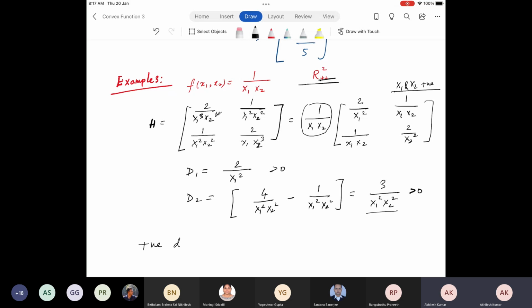What is it? Convex, strictly concave, convex, concave, strictly concave. Strictly concave, right? Sorry, convex.